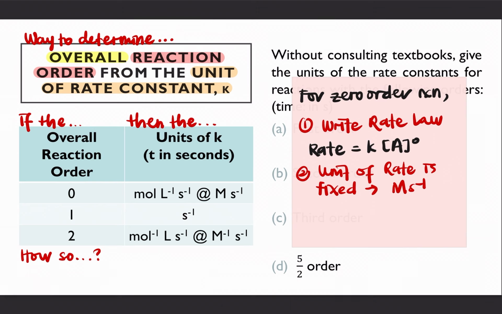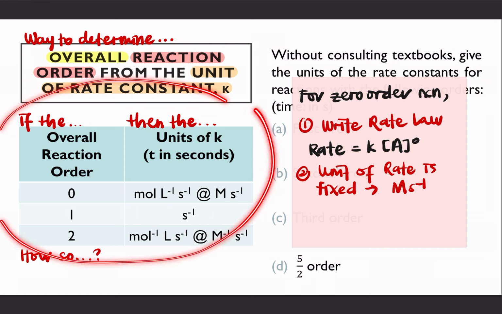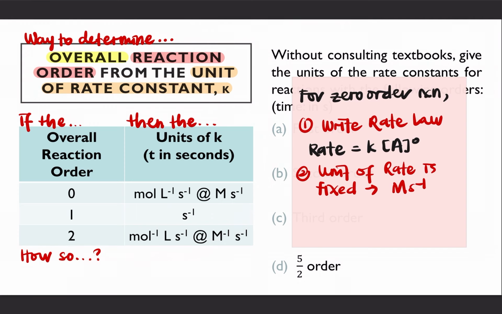Next. Okay. So, we can also determine the overall reaction order from the unit of rate constant, your K. Look at this table here. It says if the overall reaction order is 0, then the units of K, where your time is in seconds, will be mole per liter per second, or molar per second.